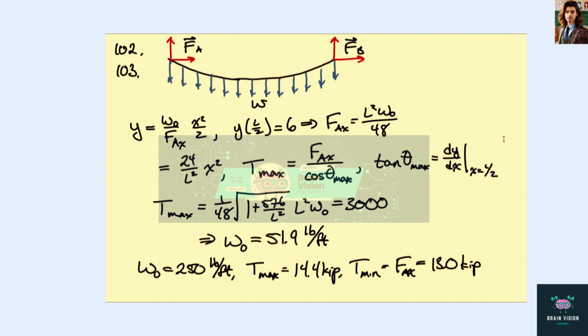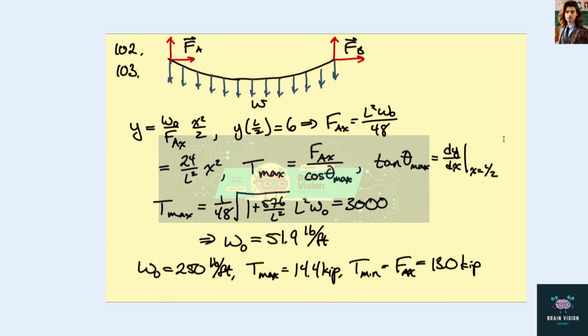So we know that the maximum tension will occur where the cosine of the angle between the tangent to the cable and the horizontal is a minimum, and that will occur, because of symmetry in this case, at both of these points.